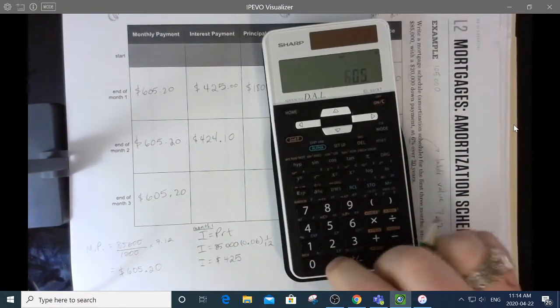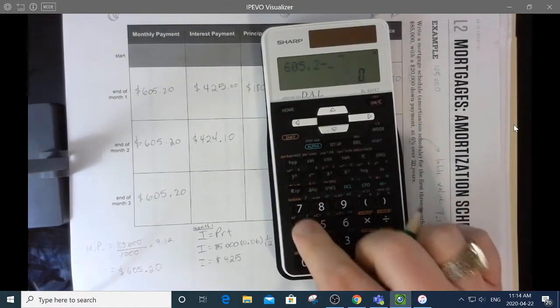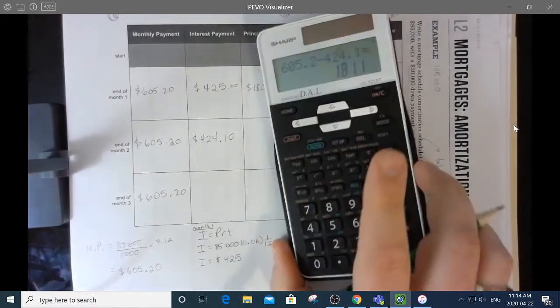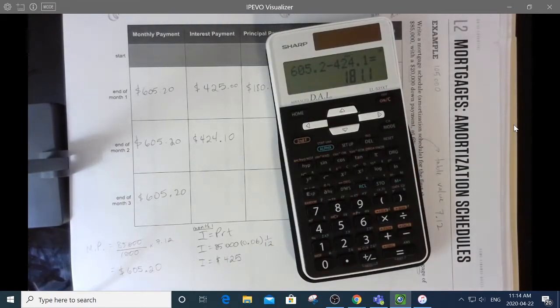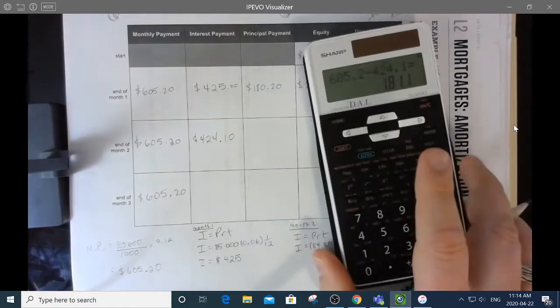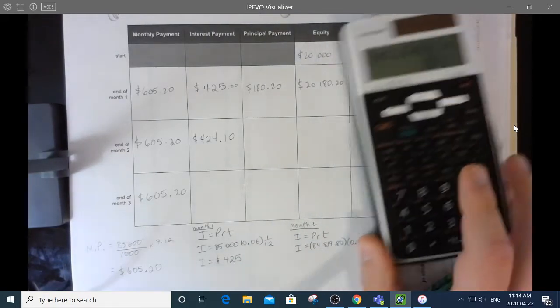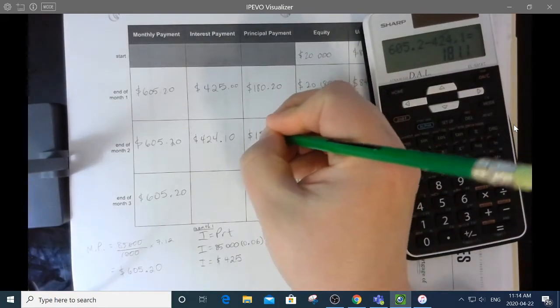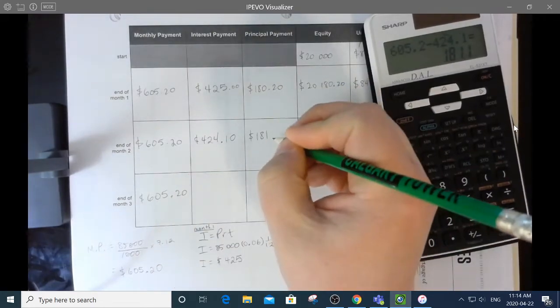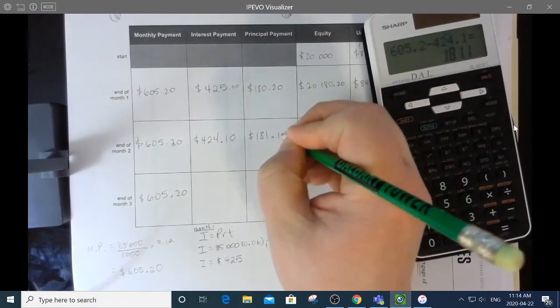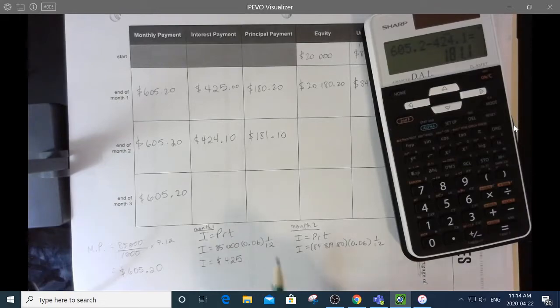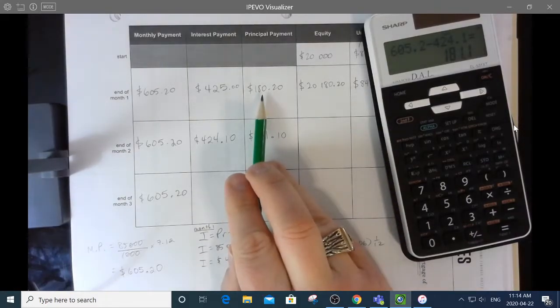So $605.20 minus $424.10 is $181.10. So that's $181.10. So notice that my principal, the first time I paid the principal of my mortgage, I paid $180.